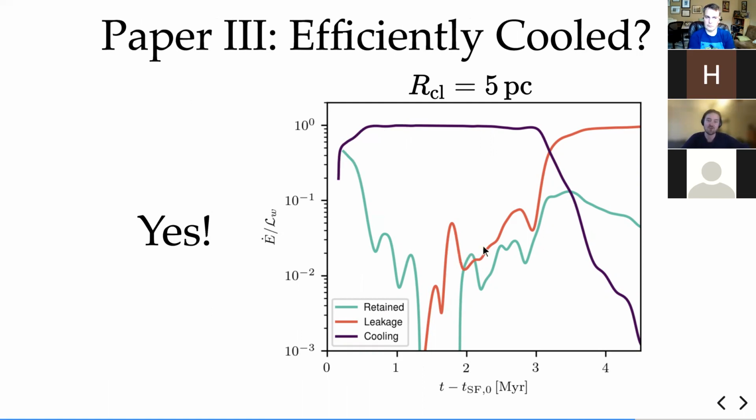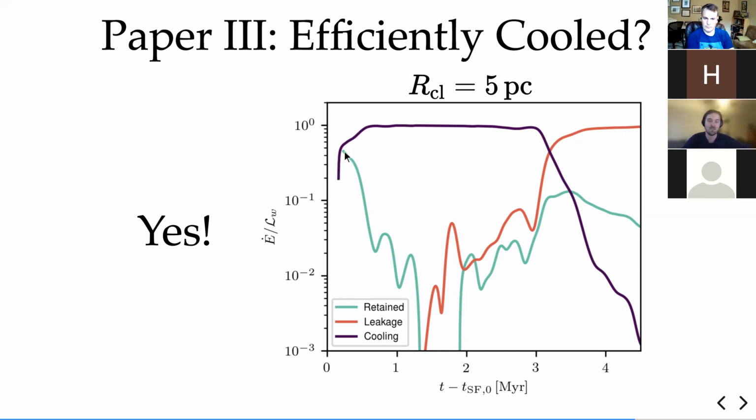The red shows the fraction being advected out of the domain. And the teal line shows the fraction that remains. Again, we see that only up to 1% of the energy remains within the cloud, including kinetic and thermal energy: both the thermal energy in the hot gas and the kinetic energy of the swept-up medium.